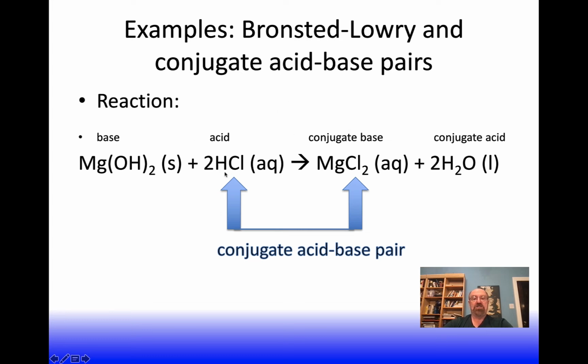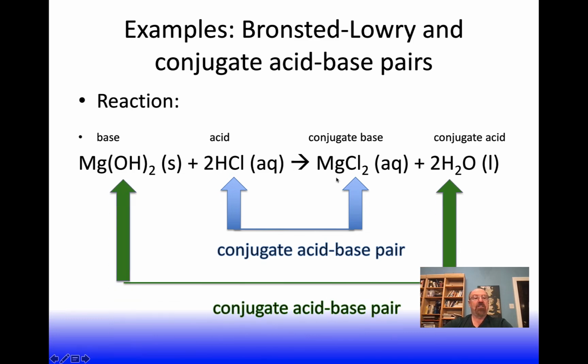That's going to be our acid and conjugate base. And on the other side, we have hydroxides that are part of magnesium, which are going to become water. So the hydroxides also are related to the water. That's our other conjugate acid-base pair. So base goes with conjugate acid, acid goes with conjugate base. Chemically, they only differ from each other by a single hydrogen ion, and the important part has to do with the base and acid parts of the molecules.